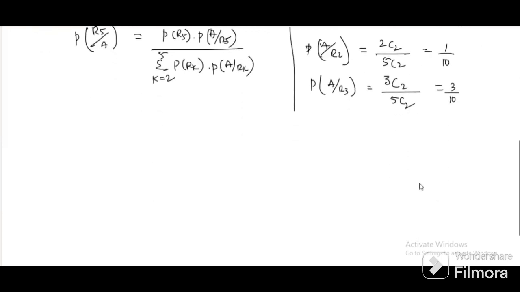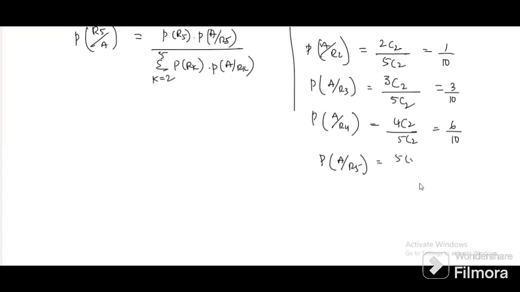Next, the probability of selecting 2 balls from the 4 red balls is 4C2 by 5C2, which is 6 by 10. The probability of selecting the 2 balls when there are 5 red balls is 5C2 by 5C2, which is 1. So let's substitute here. P of R5 is 1 by 4, into P of A by R5 which is 1, divided by 1 by 4 into 1 by 10.